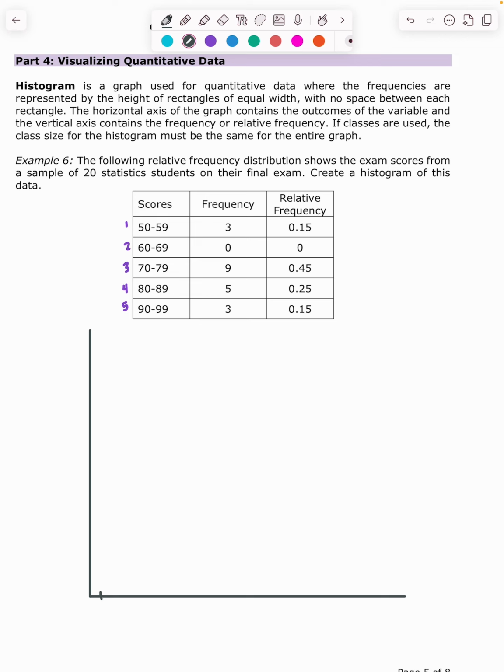1, 2, 3, 4, 5, 6. And I want these to be evenly spaced apart. And I don't want to make these too big. So notice I have a really long line, but I didn't really use that whole line.